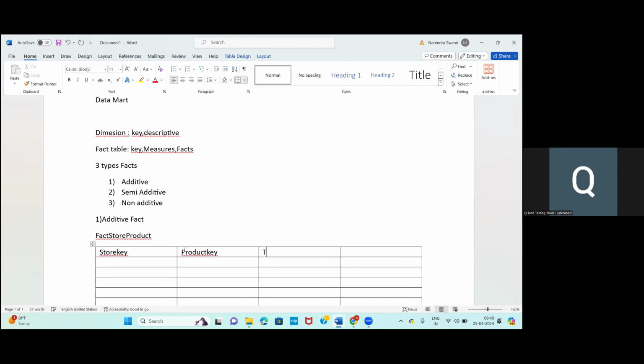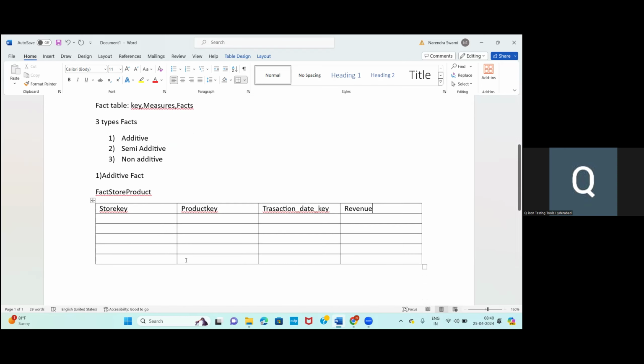These are the columns we have, and I'm just entering the data. Suppose we have an S1 store, and the product is P1, and the transaction date could be, I will take, 20 04 2024.